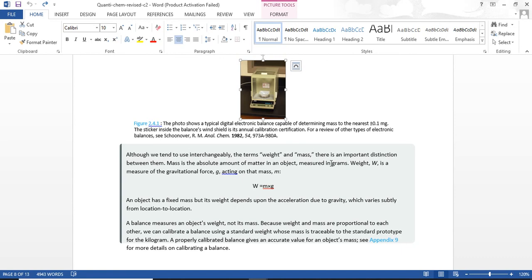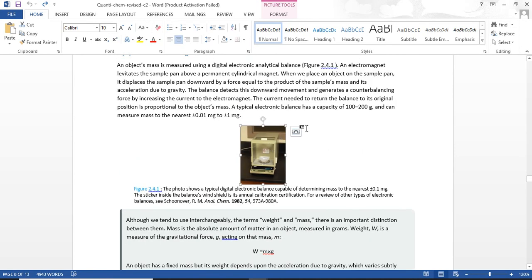This means that if you weigh yourself here on earth, you will be heavier compared to weighing on the moon, where gravity is much lighter. Gets? This is why our electronic balance is important, because it displaces the sample so that it is not affected by gravity, measuring only your mass.